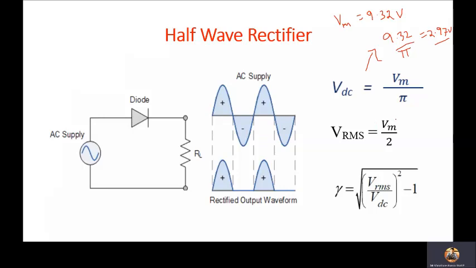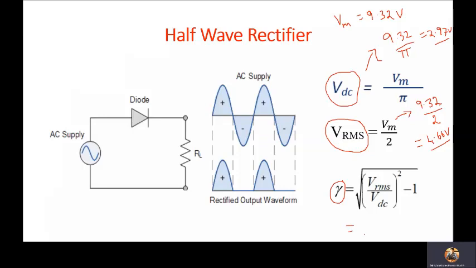Next, what about VRMS? VRMS is 9.32 divided by 2. How much is it? 9.32 divided by 2. So it is 4.66 volt. Clear? Next, once this VDC and VRMS values are calculated, now we can find the ripple factor of half wave rectifier.